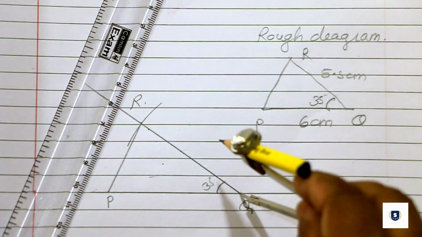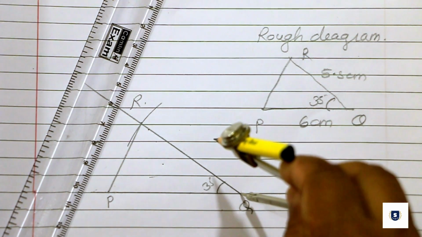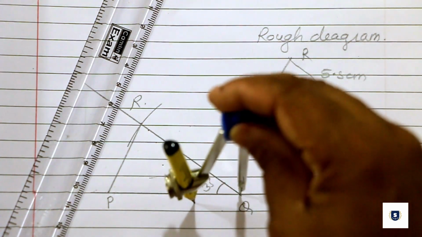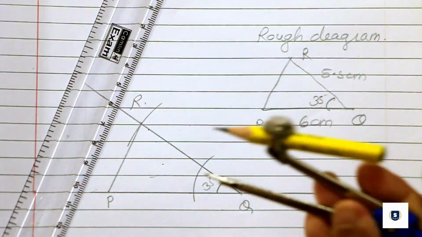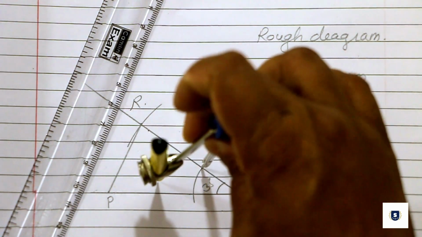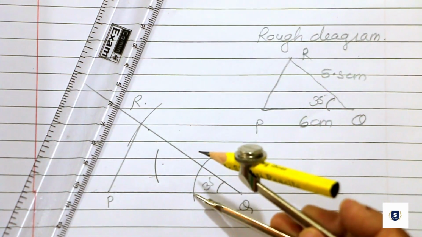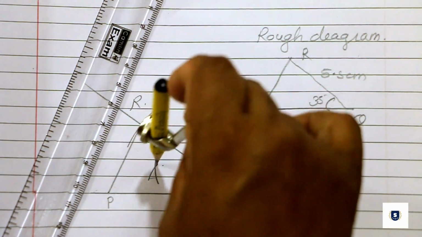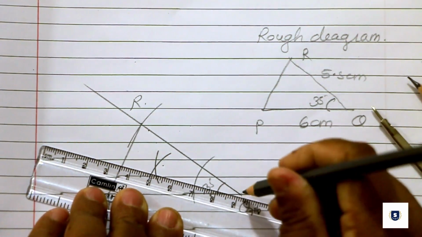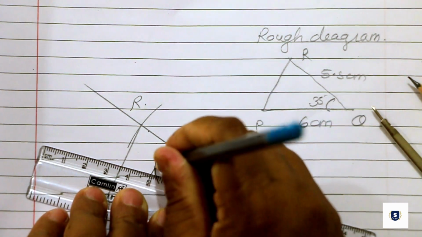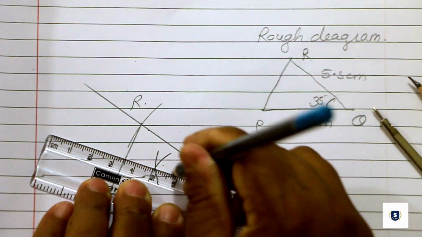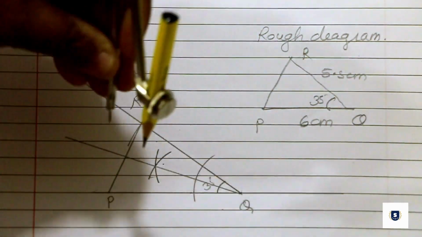Let me bisect this angle. Give an arc of any length. Then keep your pointer at one of the points here and give an arc here, and then join these two points. Now bisect this angle.